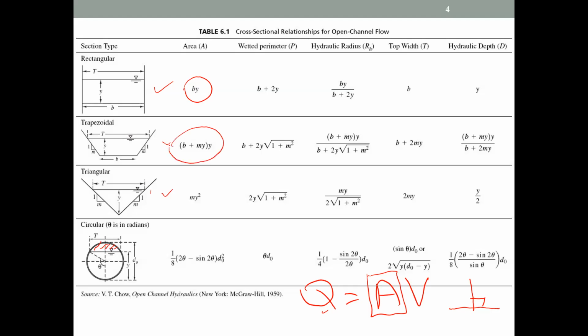Now, do you think that you can manage this area for the trapezoidal section? I will quickly show only for the trapezoidal section, and I am expecting you to work on your own for the triangular section and the circular section. All right. So very quickly, I will show you this one.